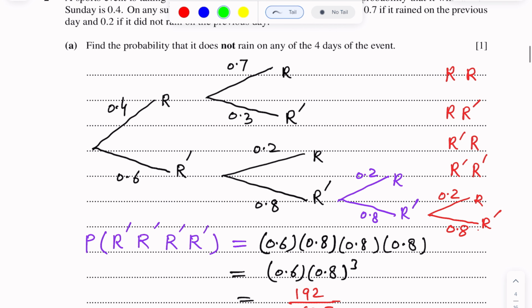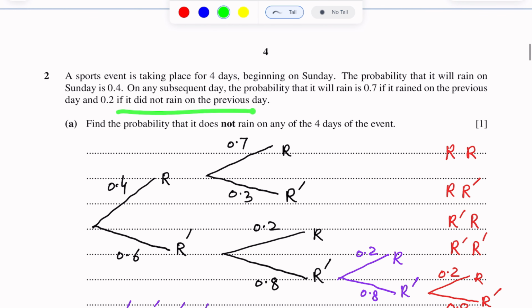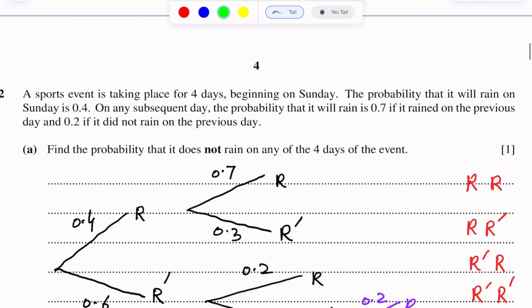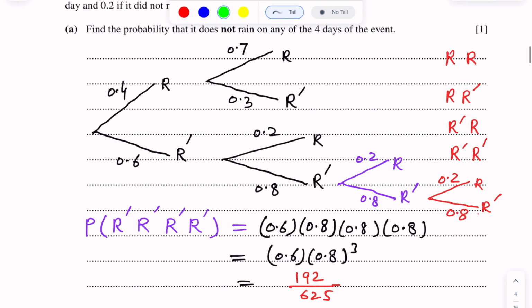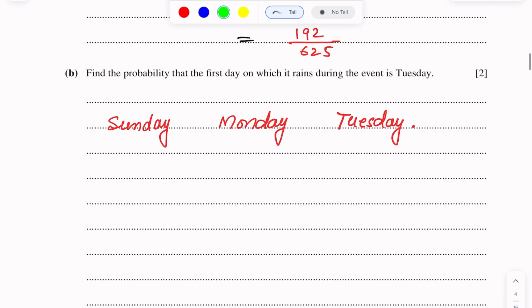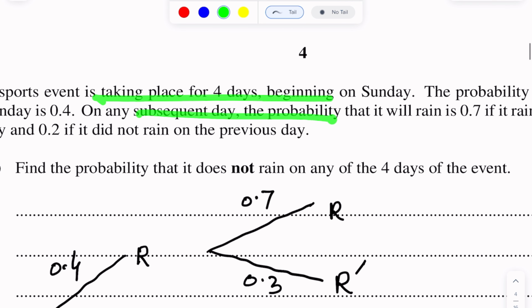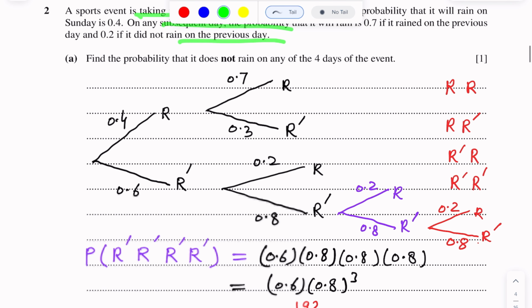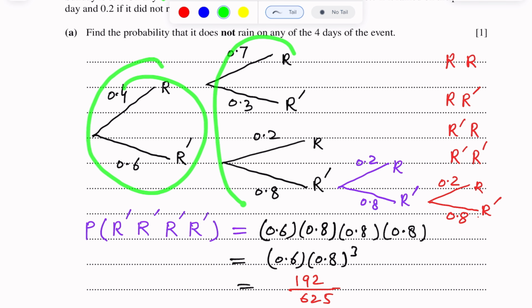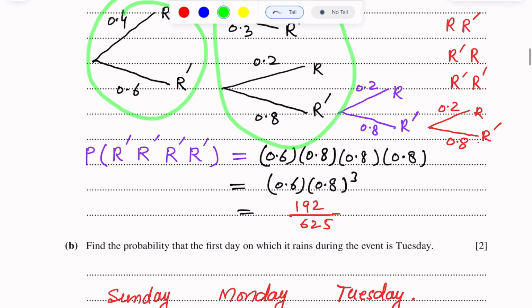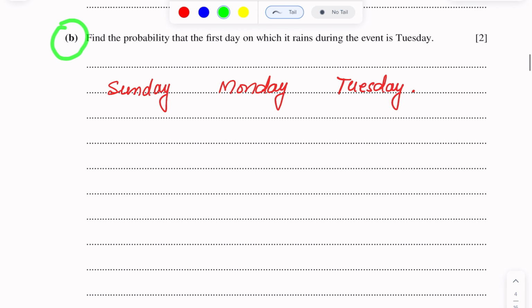Not raining for Sunday. From here we can take help from this tree diagram and from the statement of the question to answer the parts successfully. Read the statement of the question carefully and observe this tree diagram to answer these questions.